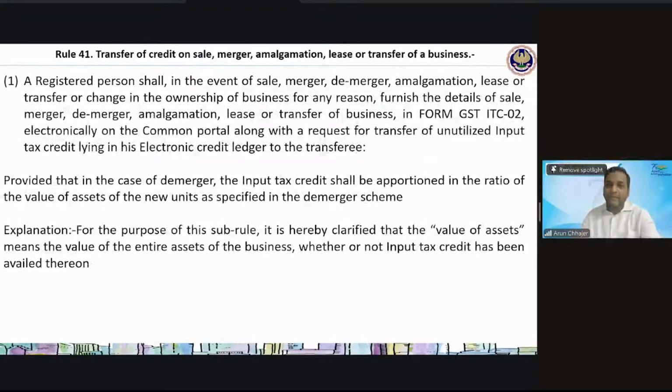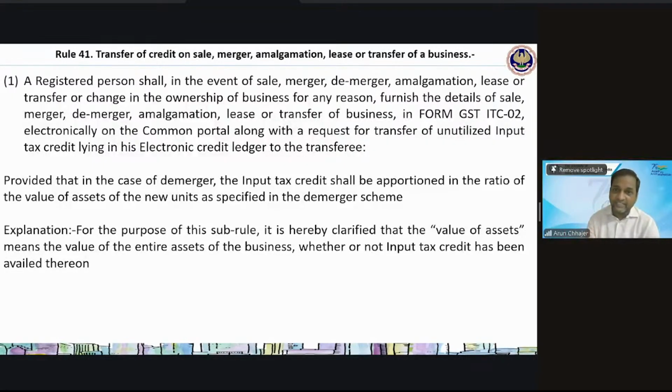Now let me read rule 41. A registered person, in the event of the sale, merger, demerger, amalgamation, lease, transfer, or change in the ownership, shall furnish the details of the sale, merger, demerger, amalgamation, lease, transfer of business in ITC 02. So which form needs to be furnished?